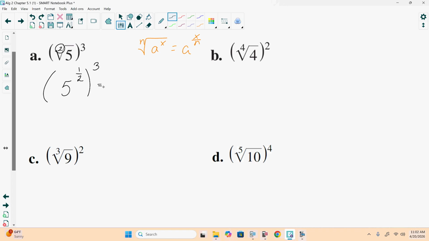Questions on how we rewrote the square root of 5 as 5 to the 1/2? So the 2 and the 1, yeah. And lastly, powers of powers multiply. So 1/2 times 3 would be 3/2. We're saying this is equivalent to our square root of 5 cubed.